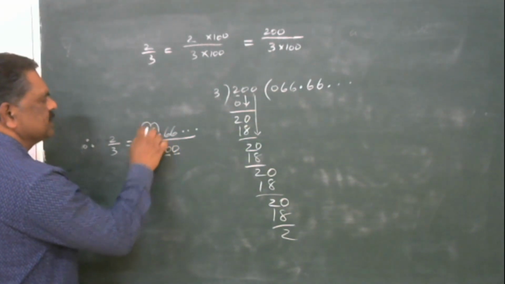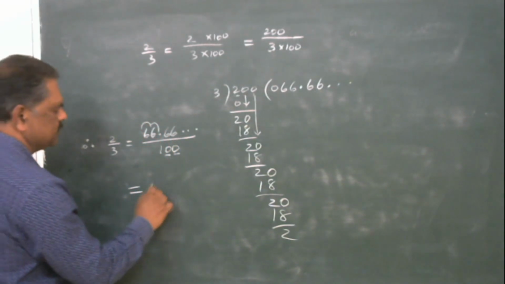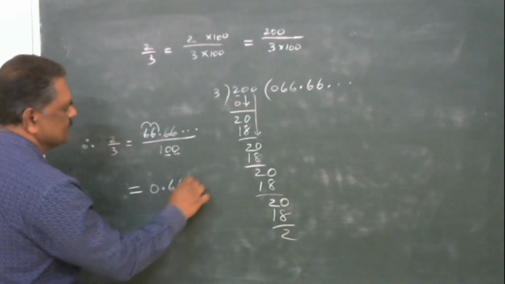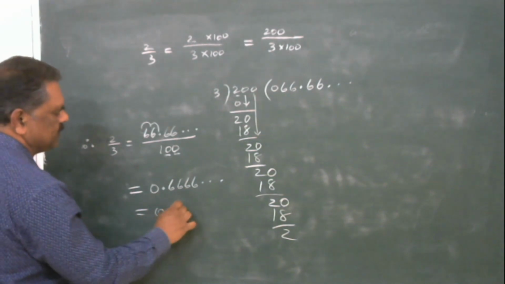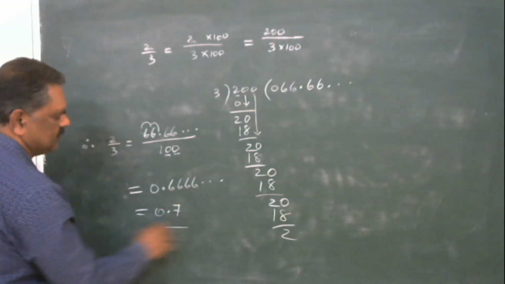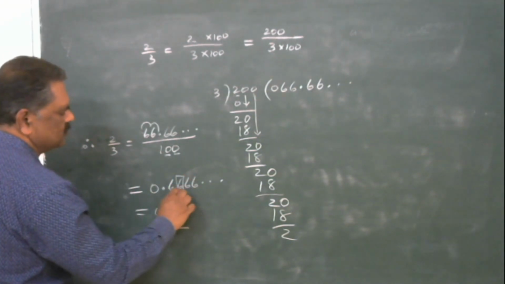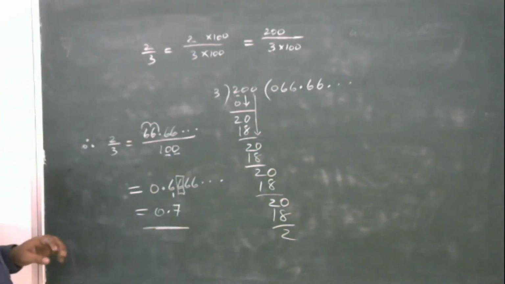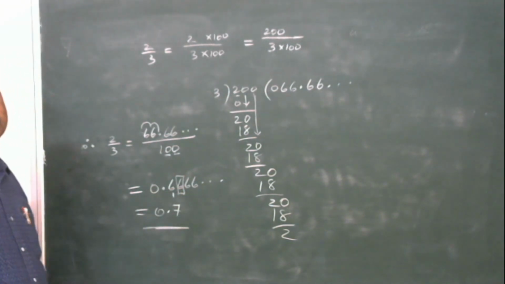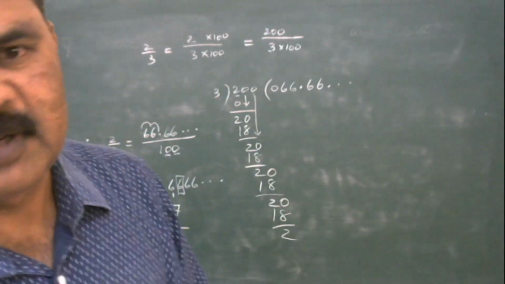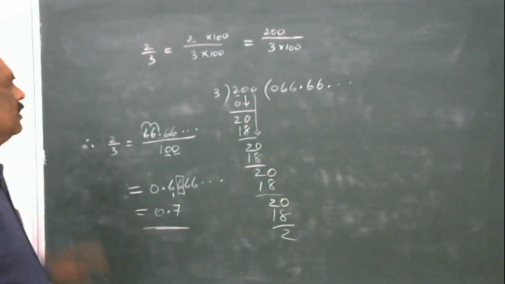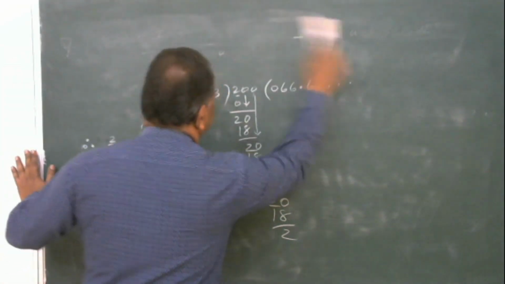We need to shift the decimal point to the left 2 places. So it will become 0.6666 etc. If you approximate it, it will become 0.7, because this digit is more than 5. Better not to follow this method if we cannot convert the denominator into powers of 10.